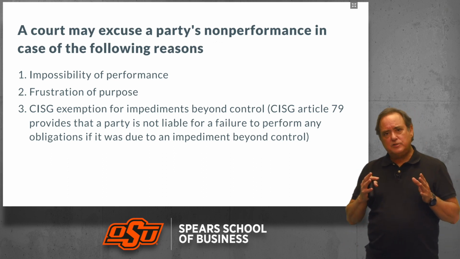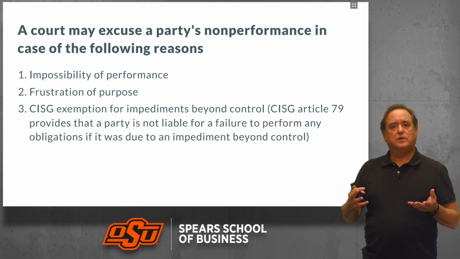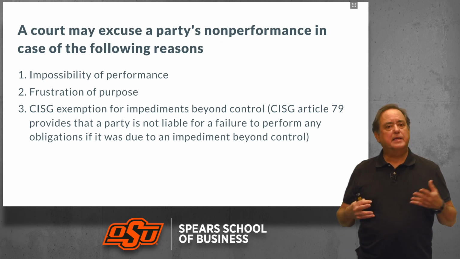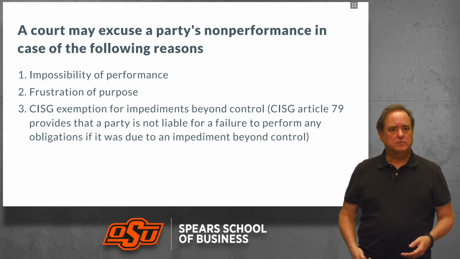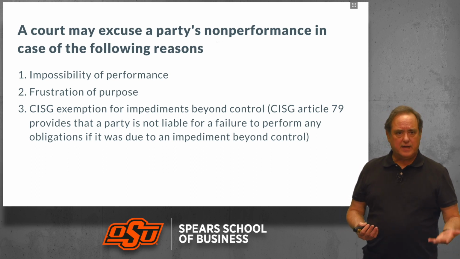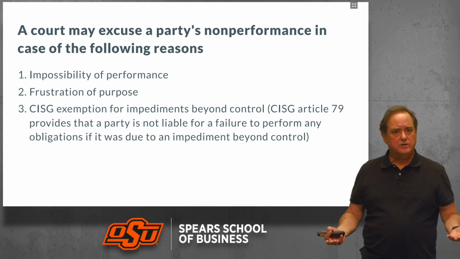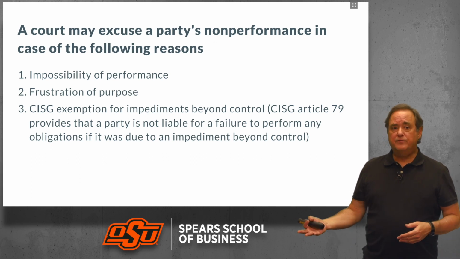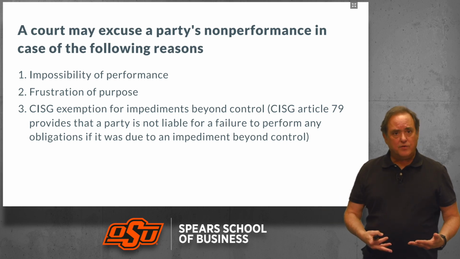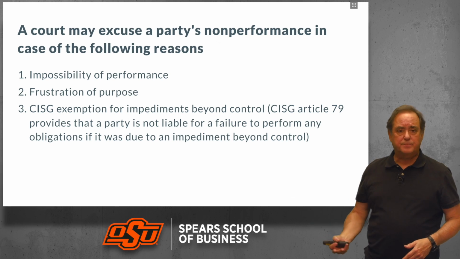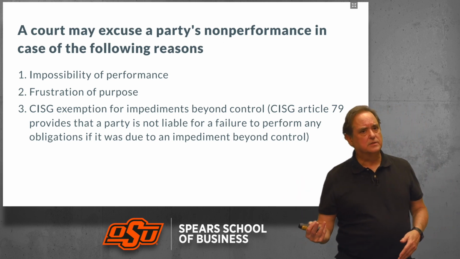So this is why I call it an excuse, which is to say, under certain circumstances, I can be excused from performance. In a breach of contract case, the statute of limitations is 4 years in the state of Oklahoma. If you fail to bring a claim within 4 years, you cannot recover on that contract, even though the other party breached. They failed to ship the goods or they failed to pay for the goods.